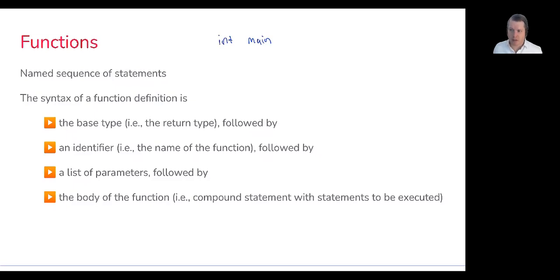These will be initialized with the arguments that are passed to it. For now, we've introduced main without any parameters. We'll see when we start talking about command line arguments that there are other ways to go about this. But directly following the list of parameters is going to be the body of the function. This is going to be that sequence of statements that is executed when the function is invoked.